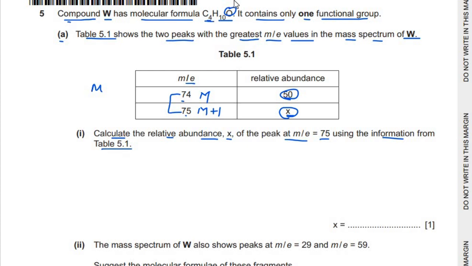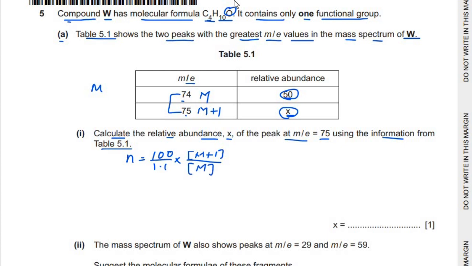Now we know that the number of carbon atoms in this molecule is 4. There is a formula for calculating the number of carbon atoms in a molecule where the M and M plus 1 peak abundances are used. That formula is 100 upon 1.1 into the abundance of M plus 1 upon the abundance of the M peak.